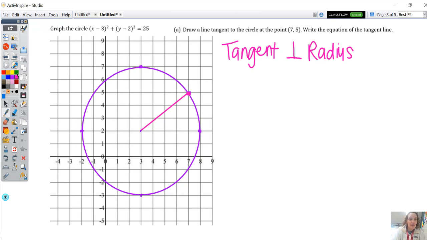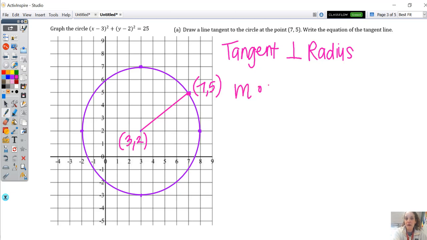The slope of our tangent line and the slope of our radius should be opposite reciprocals of each other, since those two lines are going to be perpendicular. So our center, which is at (3, 2), and that point that we're going to draw the tangent line through is at (7, 5). We need the slope of the radius.